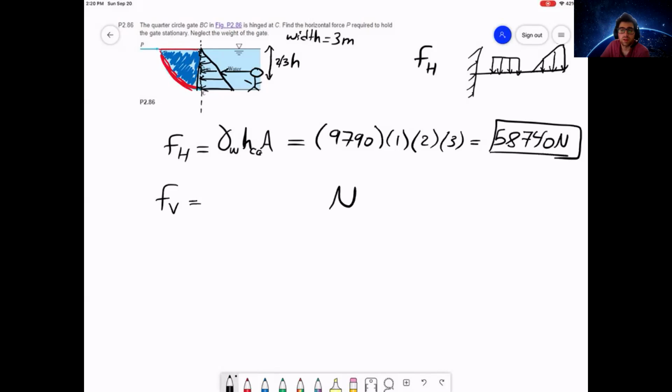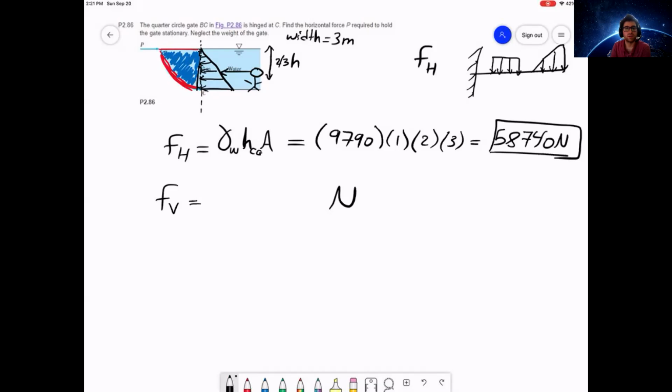And by looking at this problem, you're given h. So what is that? It's basically the radius for this quarter circle. Okay, that's good.